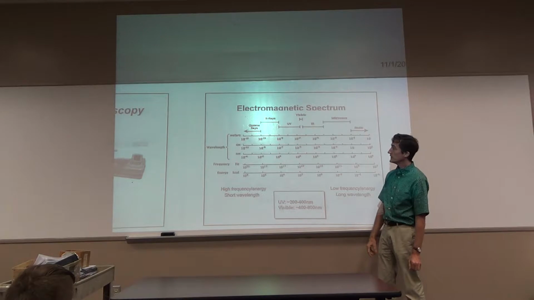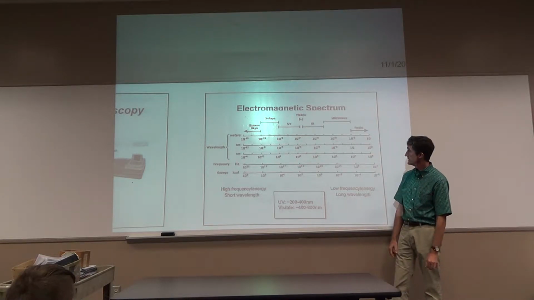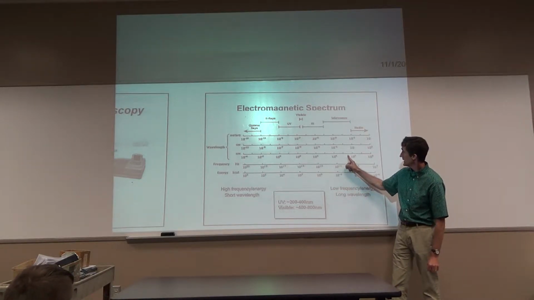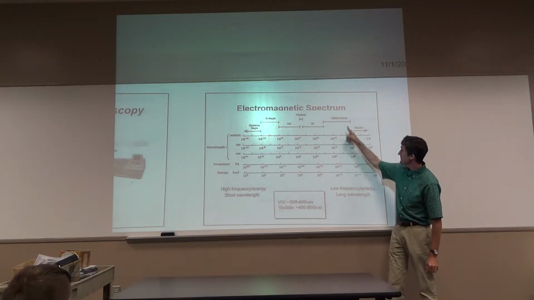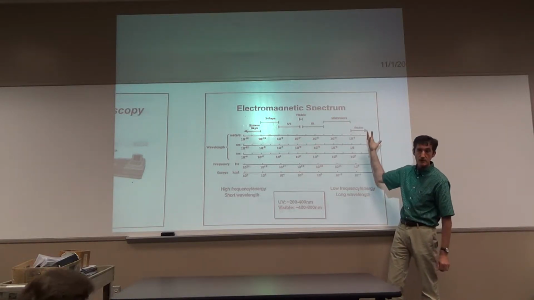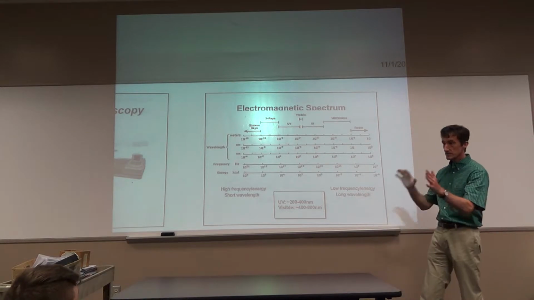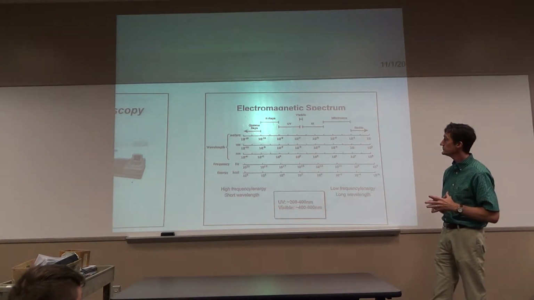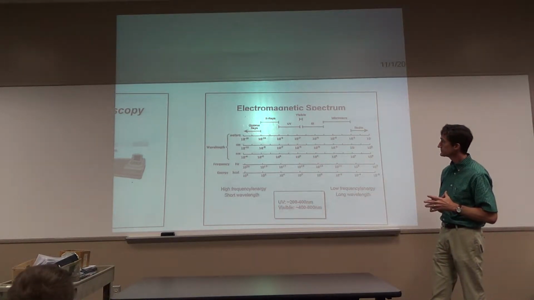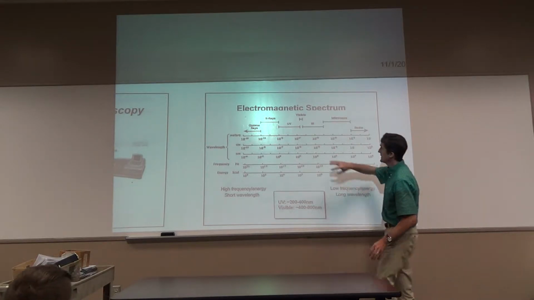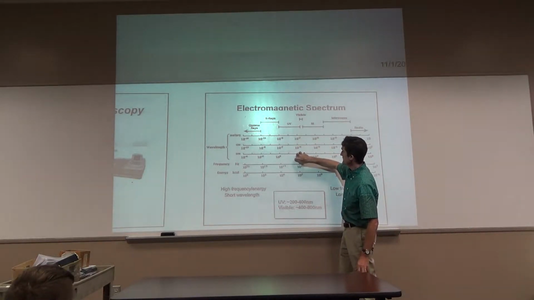What would a million nanometers be? A million would be 10 to the 6, right? A million nanometers would be microwave to radio. You should be able to orient yourself to that. Typically, when we talk about UVVis, we quote the nanometers.